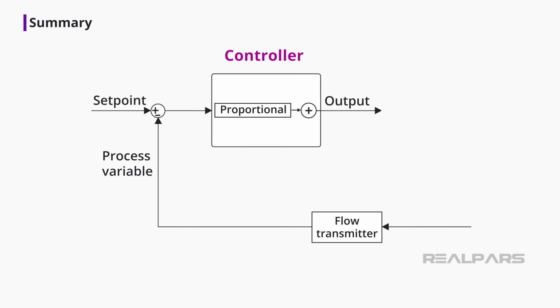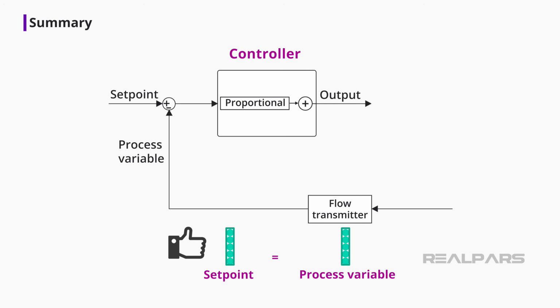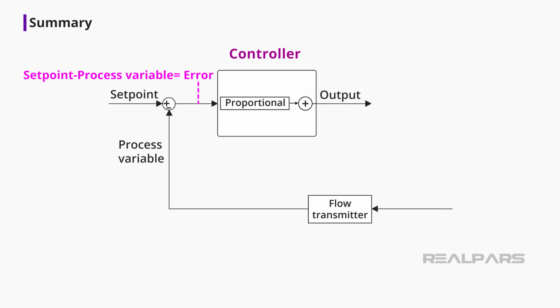Okay, let's summarize what we've discussed. The controller's job is to ensure that the process variable is the same as the setpoint. The controller is always looking at the difference between the setpoint and the process variable, and this difference is often referred to as the error. Proportional action is an amplification of the error.